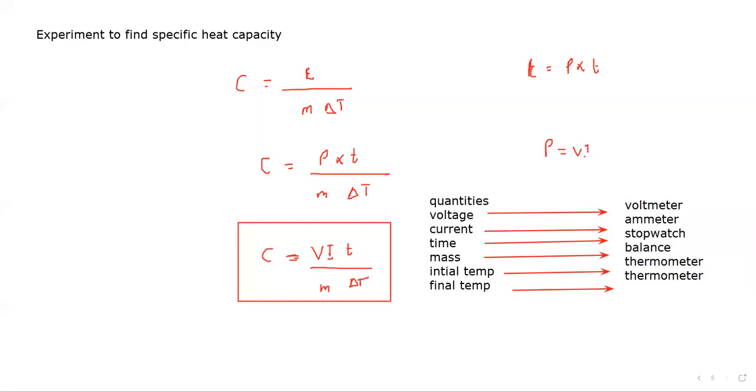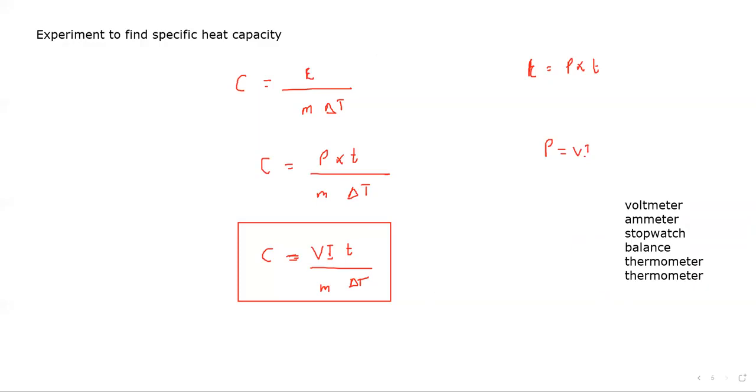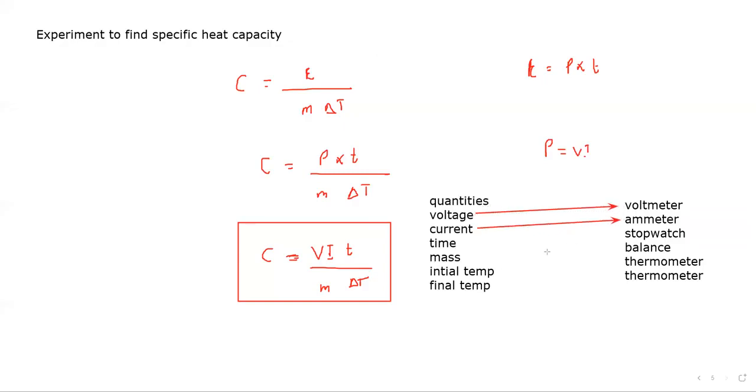So these are the things we need to measure the specific heat capacity for any material. It can be a solid, a liquid, or a gas. So for voltage, a voltmeter; current, an ammeter; stopwatch for time; balance for mass; and initial and final temperature both by thermometer.